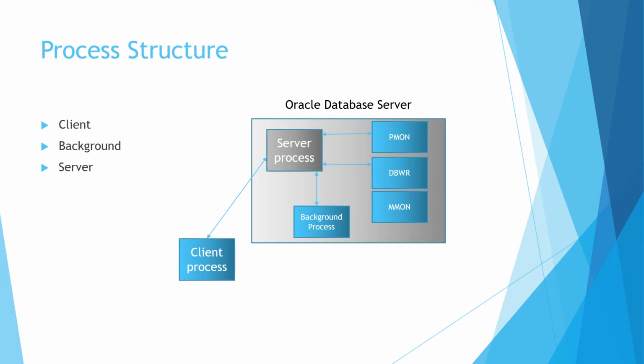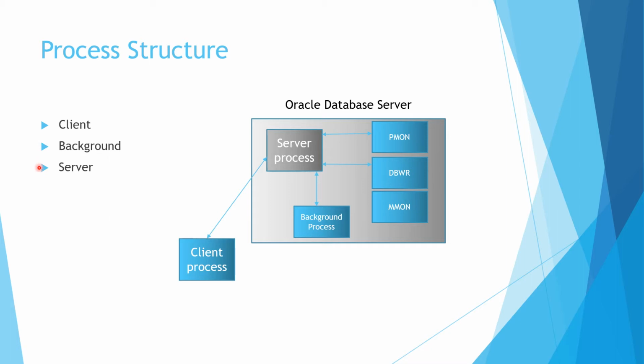Oracle database processes can be classified as client processes, background processes, and server processes. Client processes originate from clients such as the web client, SQL Plus, or JDBC connecting to a database. Background processes are Oracle Relational Database Management System processes, which perform various database management functions such as disk I/O, memory management, process monitoring, and job scheduling.